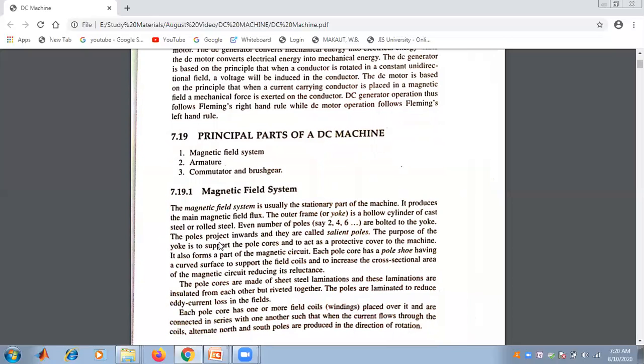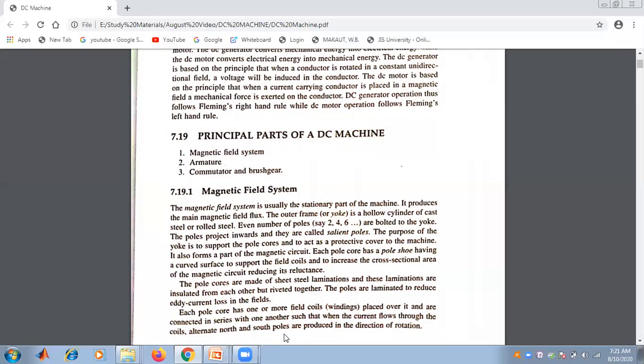The magnetic field system is usually the stationary part of the machine. It produces the main magnetic flux. The outer frame, known as the yoke, is a hollow cylinder of cast steel or rolled steel.